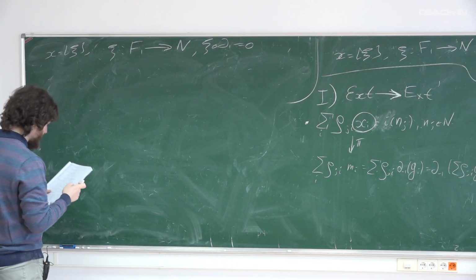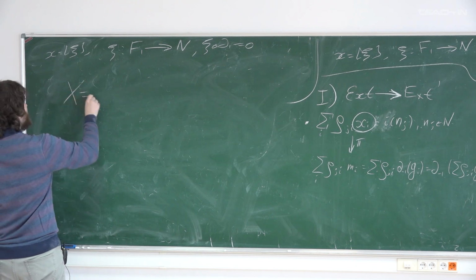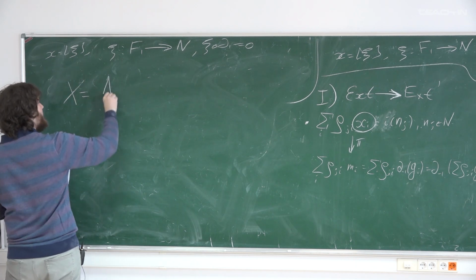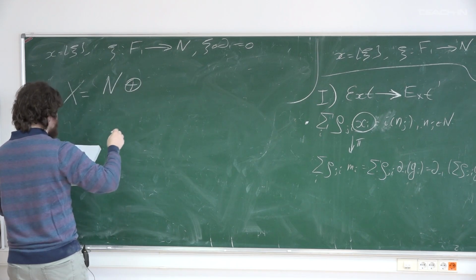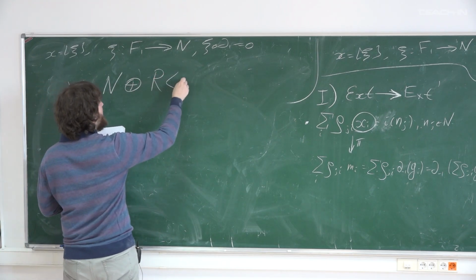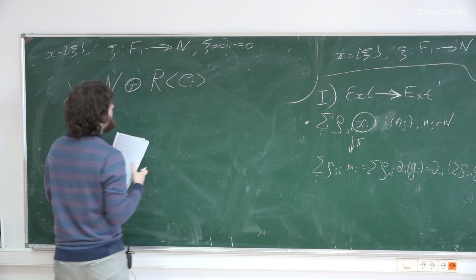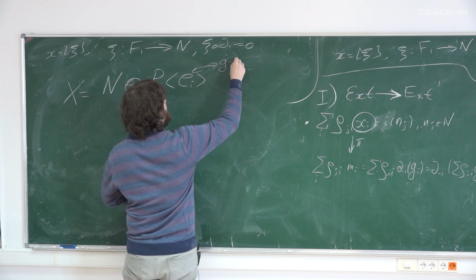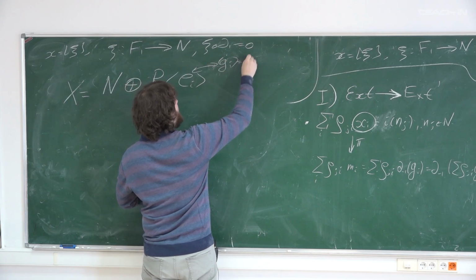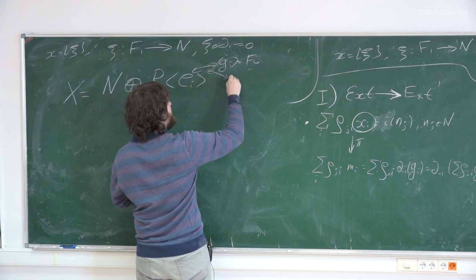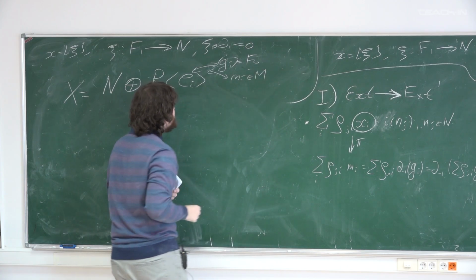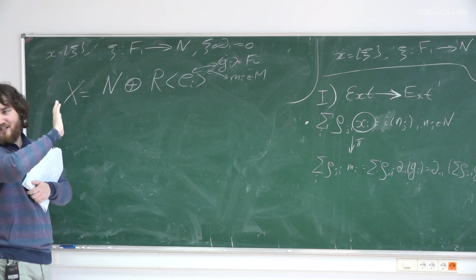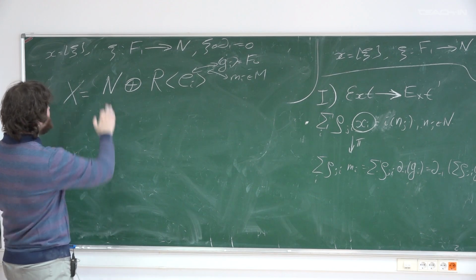It's very easy. You just consider the following module. I consider n direct sum with some free module with basis in bijection with generators of F0 or generators of your M itself. You have chosen already the resolution, some free resolution again.